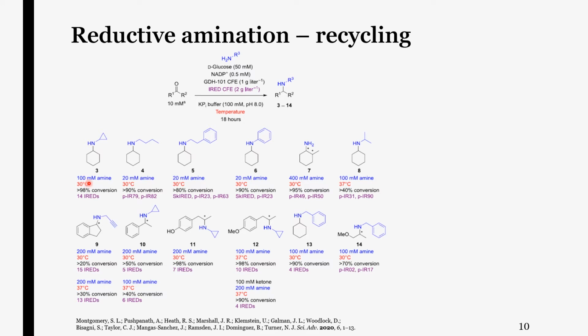Here they used a higher concentration of amine donor and still got rather nice conversions with the different kinds of imine reductases that they tested. And yeah, they also have different kinds of amine products that they could obtain during this screening.